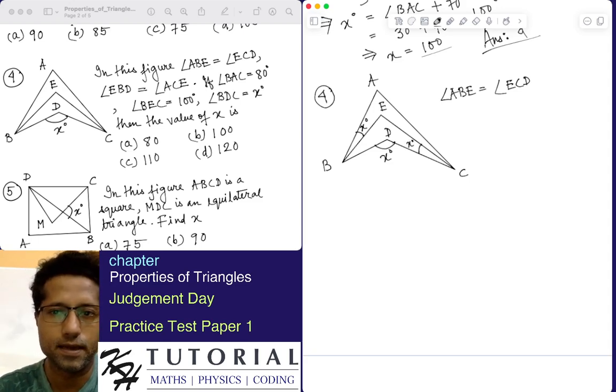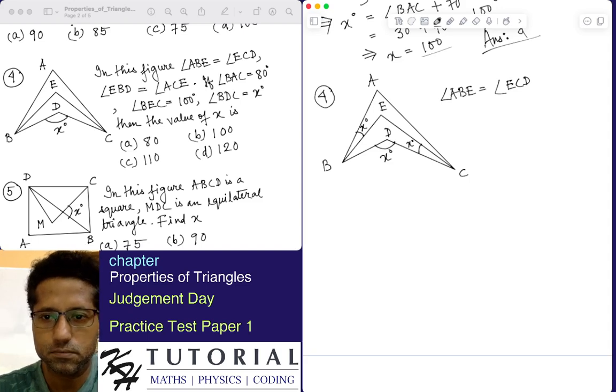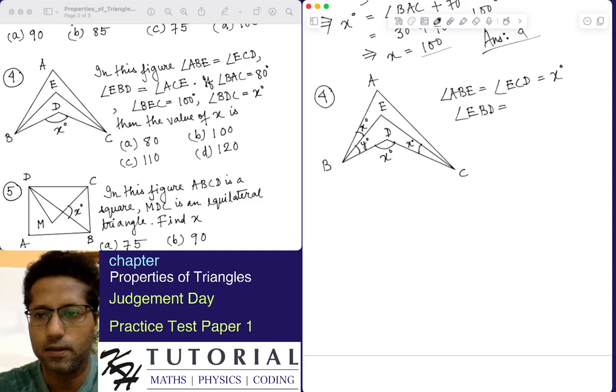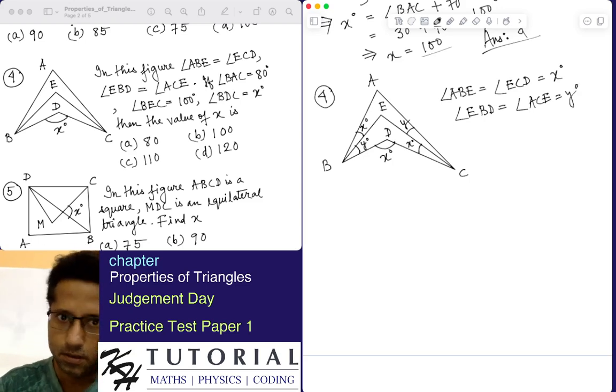And it is given that angle EBD, let's say this is y, is equal to angle ACE, this angle, so this is also y degrees.